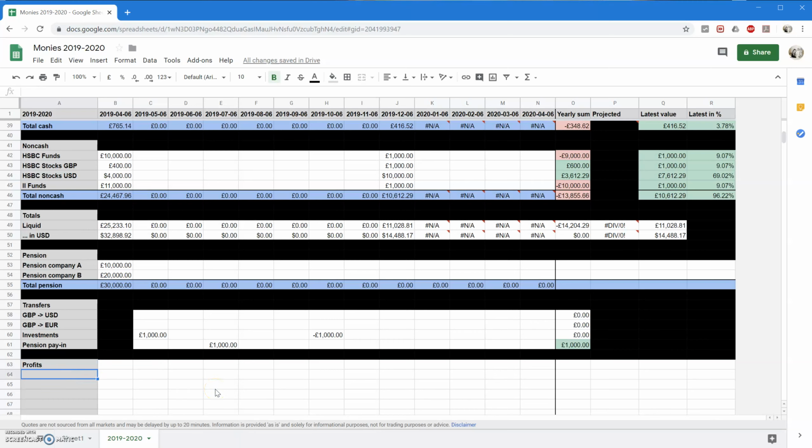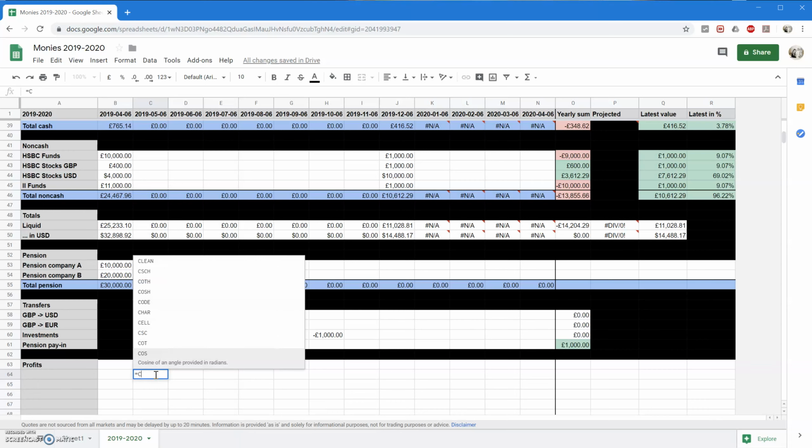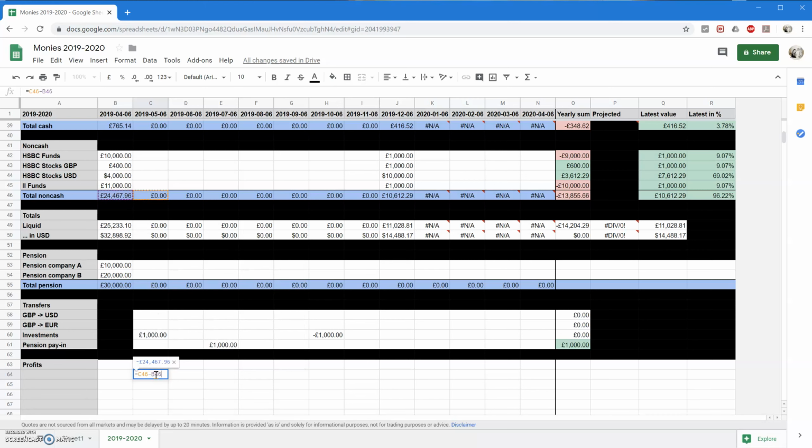And profits are the total non-cash. So let's say C46 minus B46. And of course, since we have 0 listed here, actually let's pretend we have... well, it's not going to be exact here.